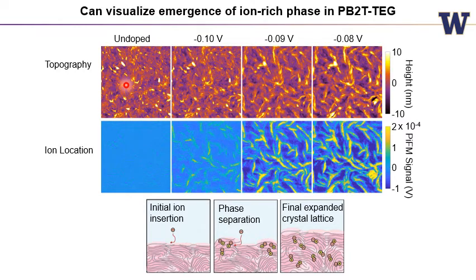Is it just a nucleation and growth type stochastic model, or are there areas of the polymer film that are actually preferential for ions to be inserted and for this expansion to happen? This is still an ongoing investigation of what's happening inside this polymer film.